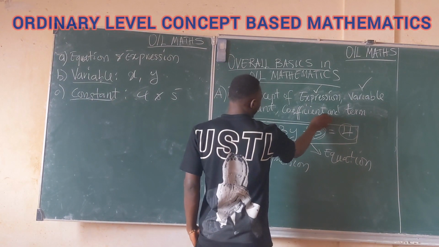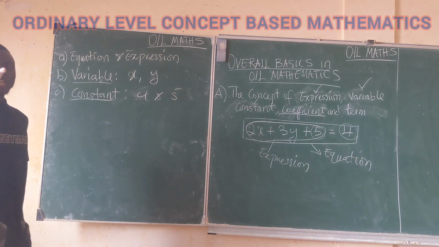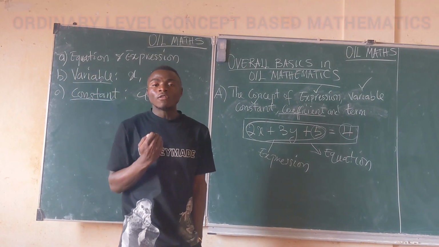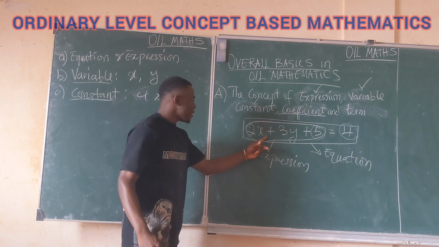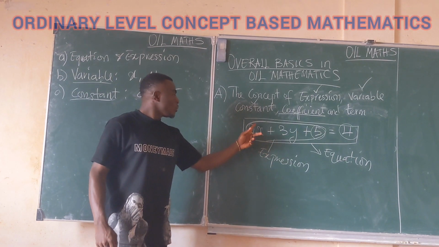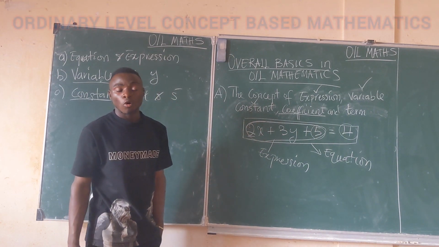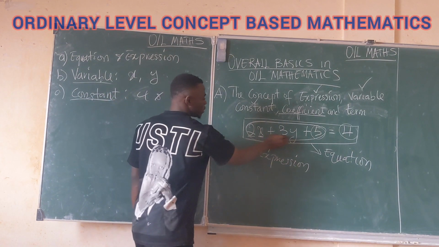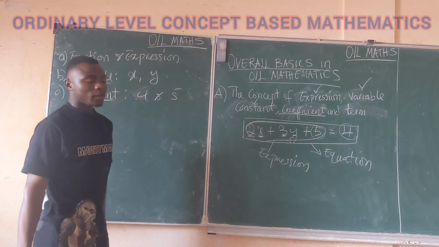The concept of coefficient. The coefficient simply refers to the number that is in front of a variable. This is a variable, a letter of the alphabet. The number in front of it is called the coefficient of the variable x. This number here is the coefficient of the variable y.